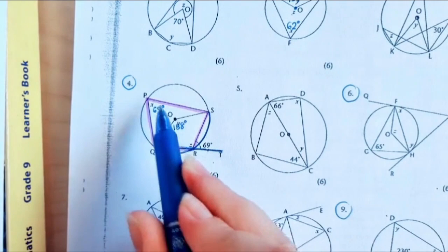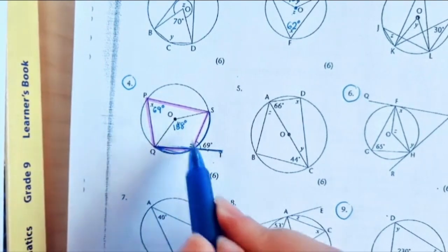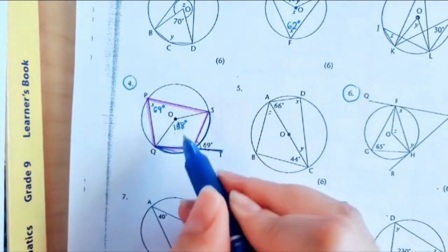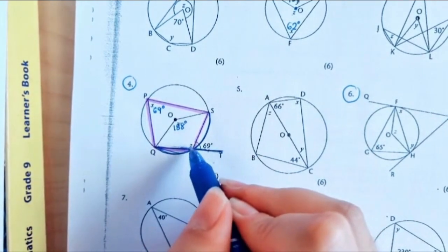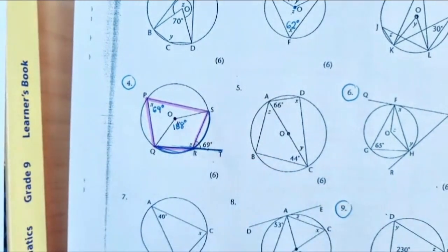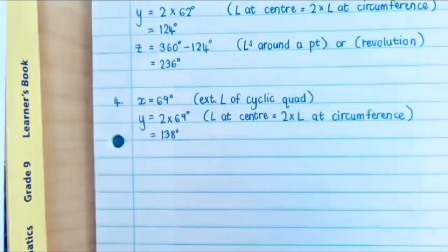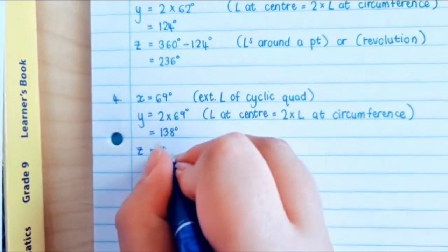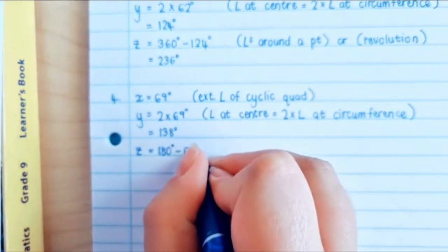Or we can also use opposite angles of cyclic quad, in which case we'll have the exact same working because we remember that opposite angles of a cyclic quad add up to 180. So we're going to say z is 180 minus 69, and then your reason would be opposite angles of a cyclic quad. So it's up to you which one you want to use. The working and the answer will be exactly the same.